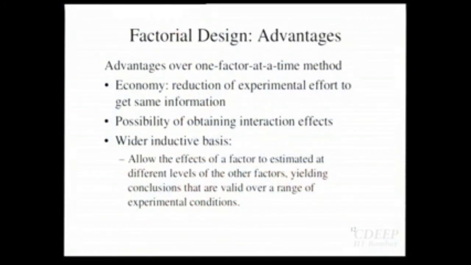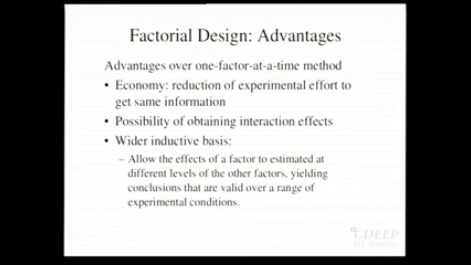The other thing is, we say that our estimates have wider inductive basis, which means that whatever effect we are estimating, that beta 1 I am estimating, has been estimated at different levels of the other factors. The other variables were also changing when I estimated the effect of one factor. So I will get conclusions that are valid over a more representative range of experimental conditions.